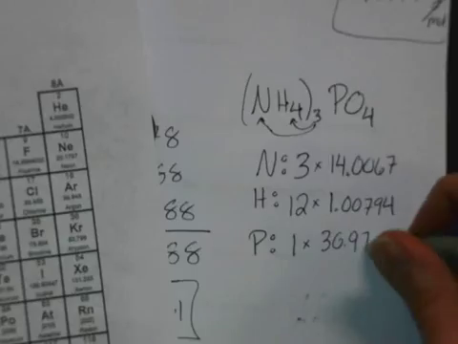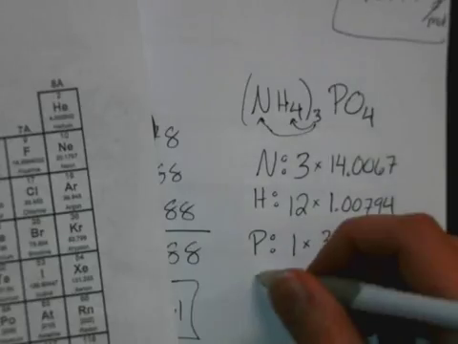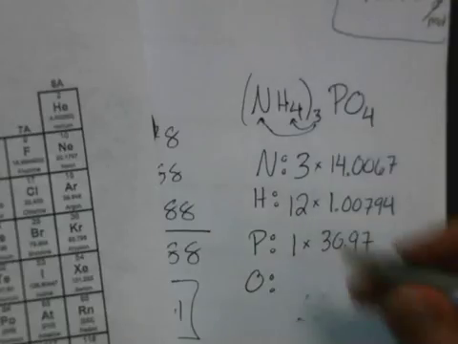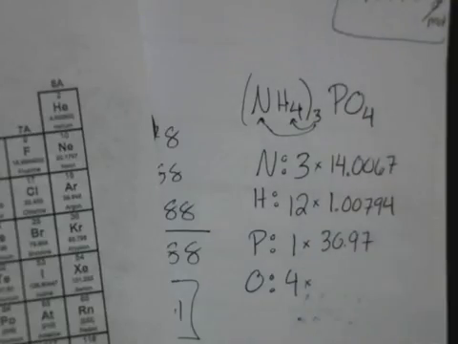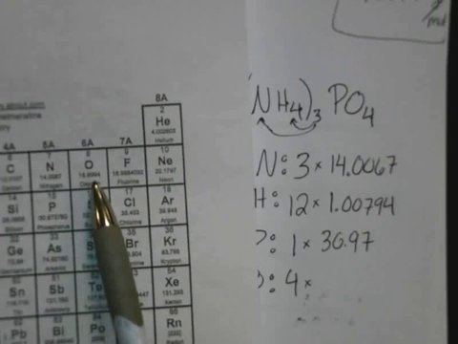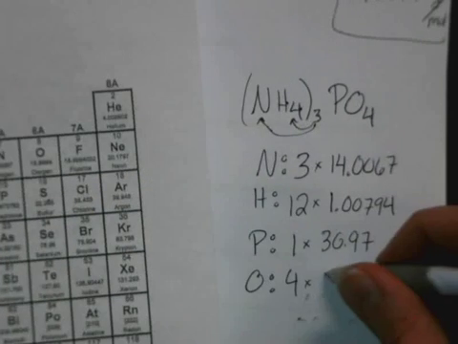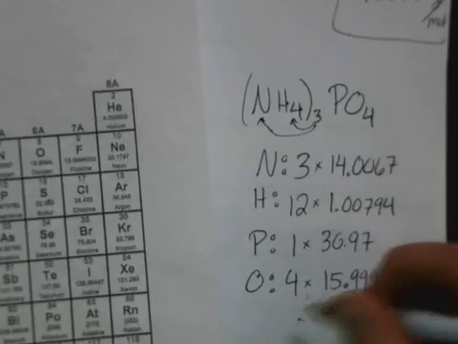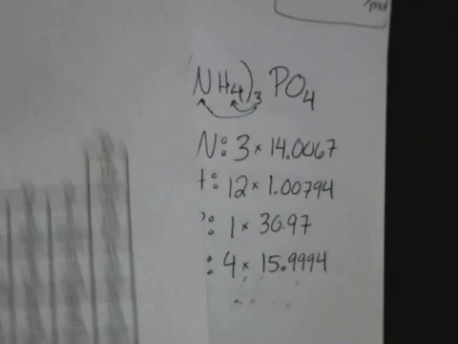So that would be a 30.97. And then when I look at my oxygen, I have this 4 on the outside, so I have 4 oxygens. Each oxygen is 15.9994.